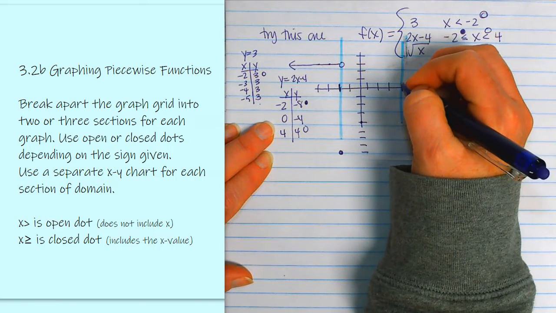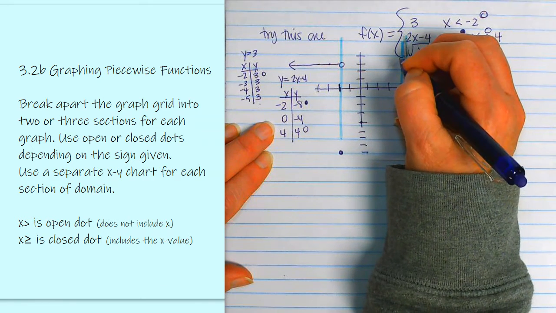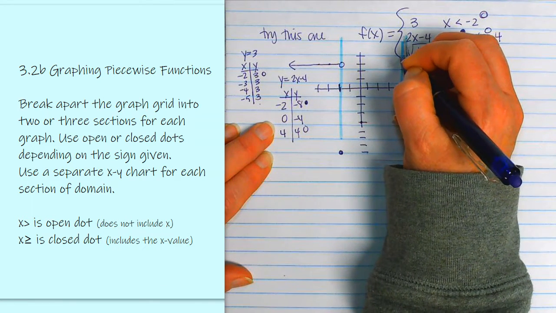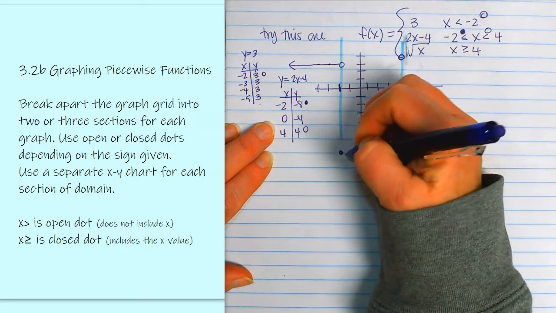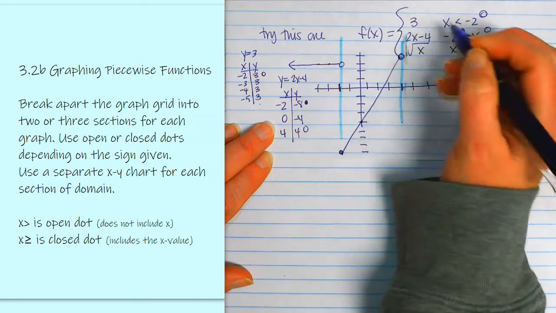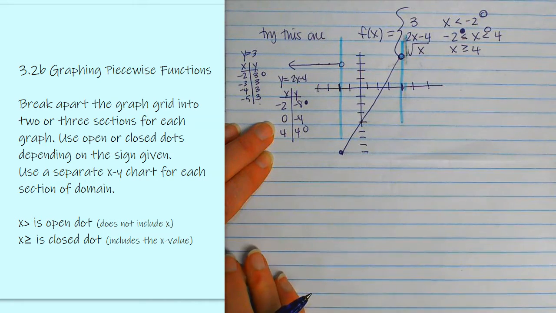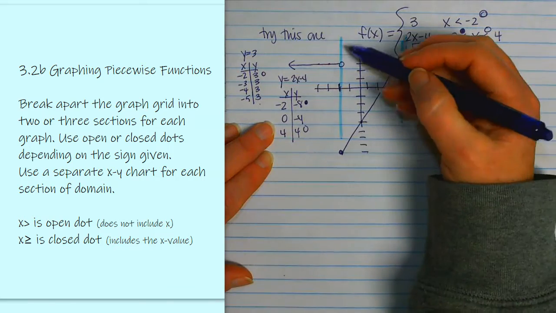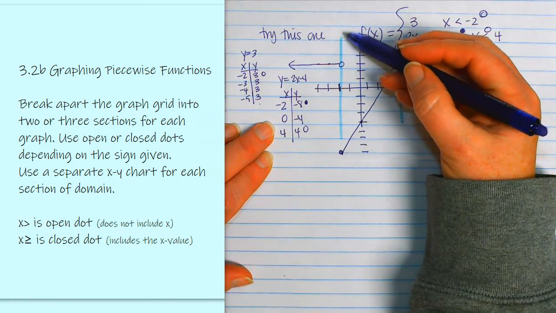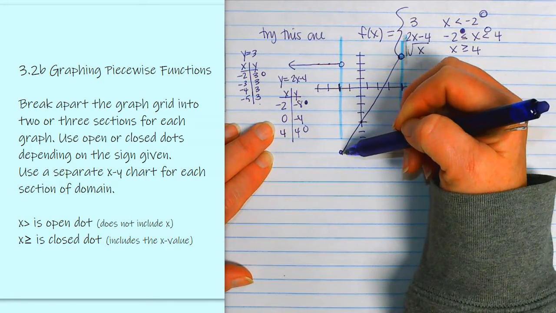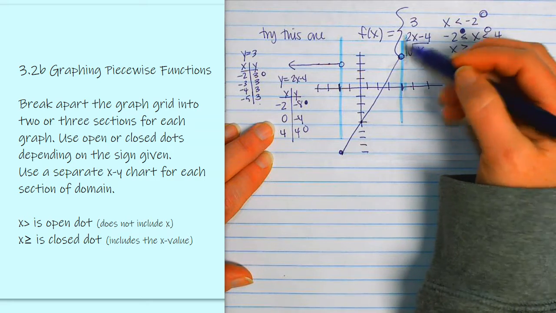And then 4, 4 up here with an open circle. Okay, so I have a line in the middle, and note that I haven't messed up the function. When I draw a vertical line, it only crosses here, and this one only doesn't cross anywhere yet.